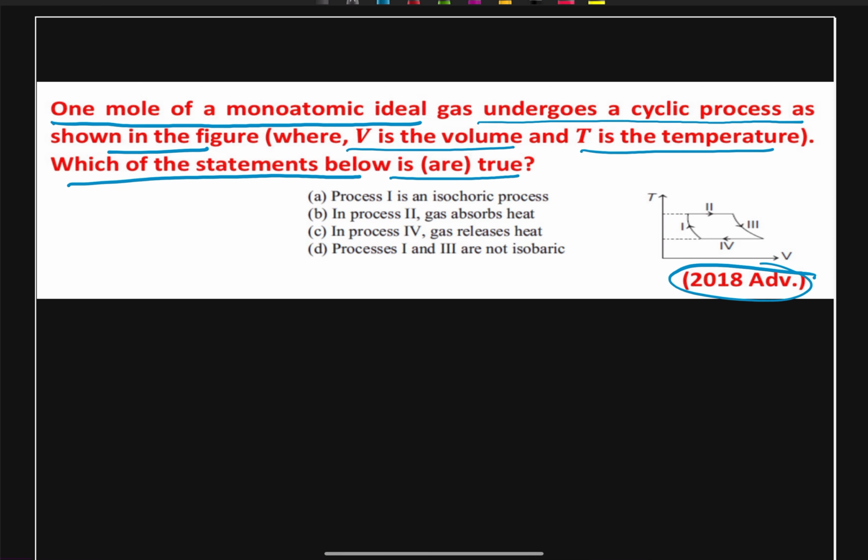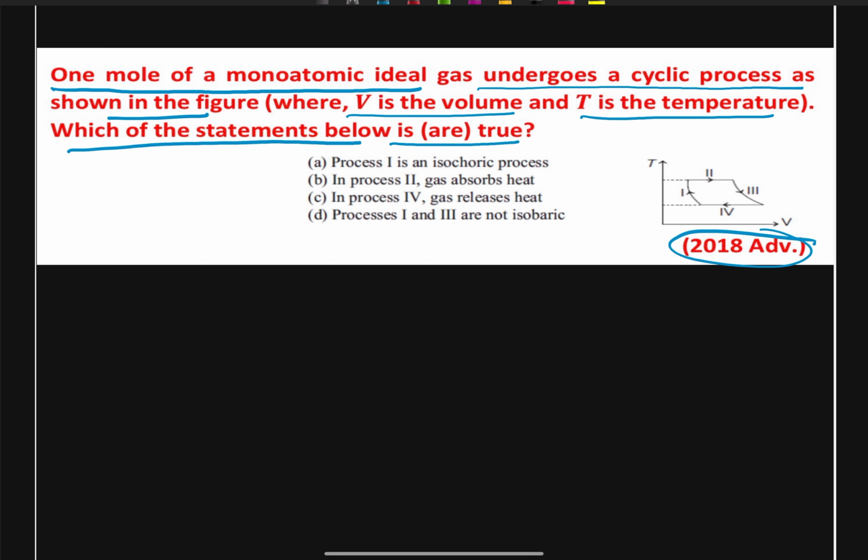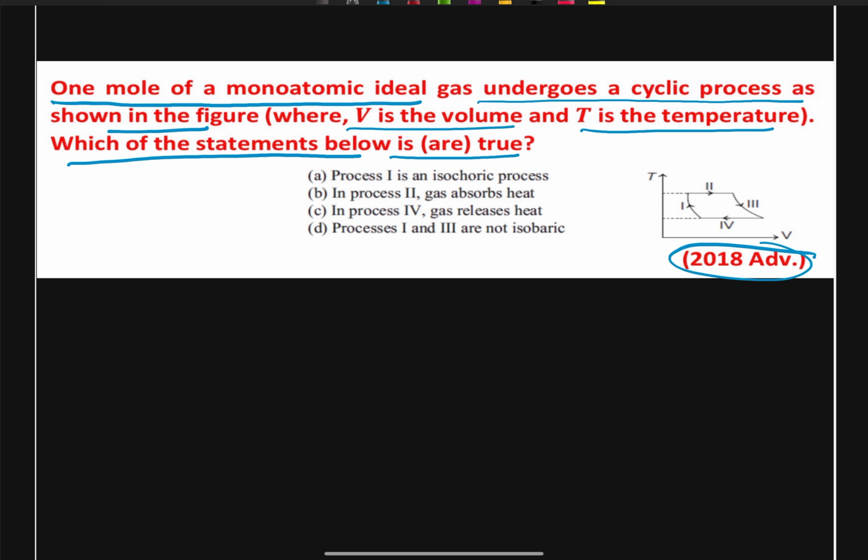So in this case, we are given a monatomic ideal gas. So we are going to write some formulae associated with ideal gas as well as with monatomic, and 1 mole is given to us.